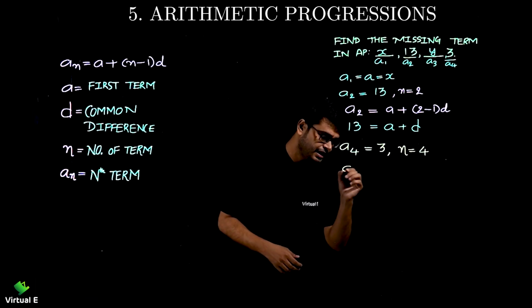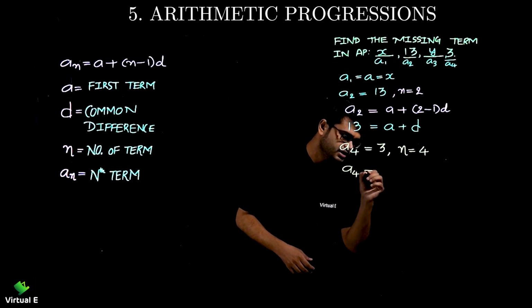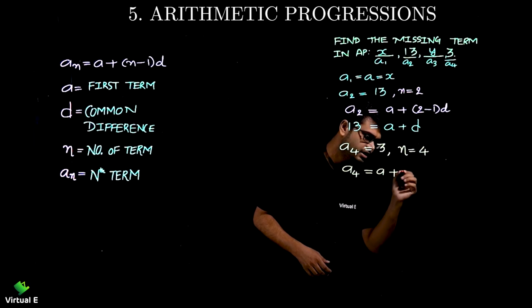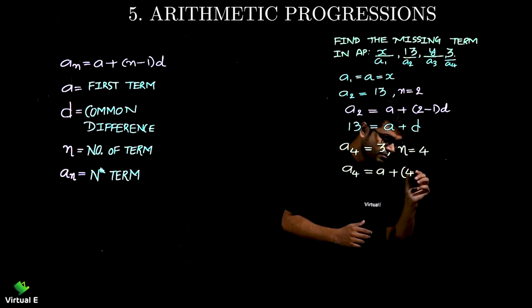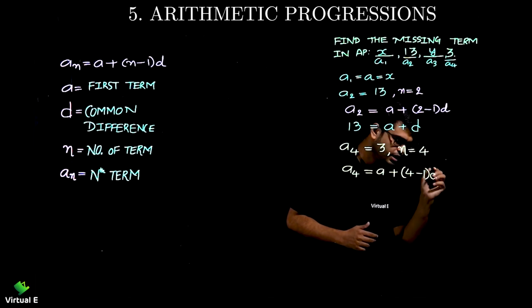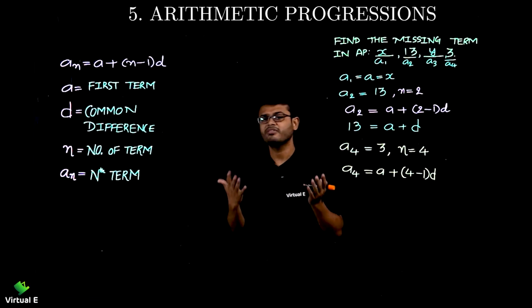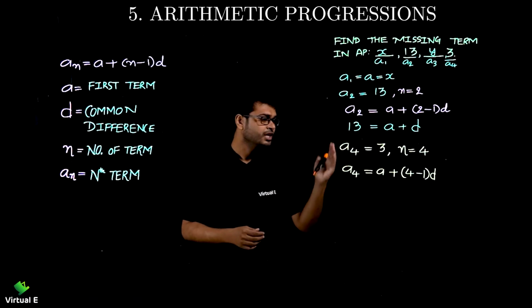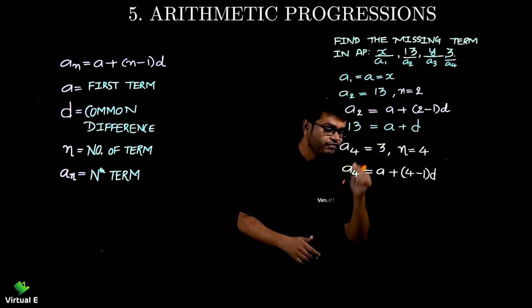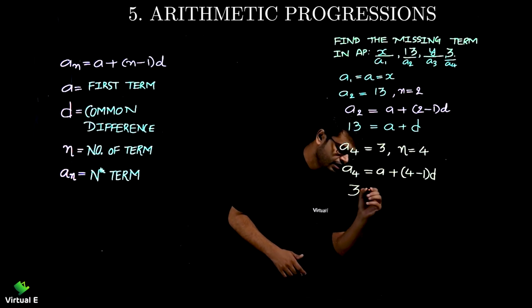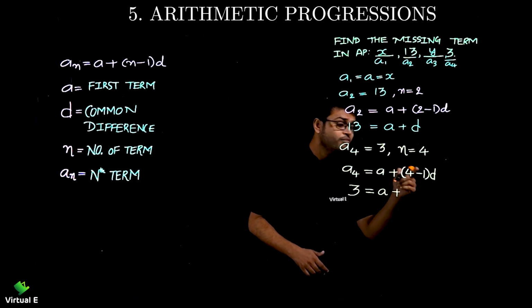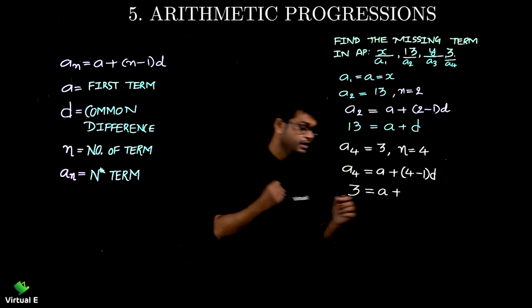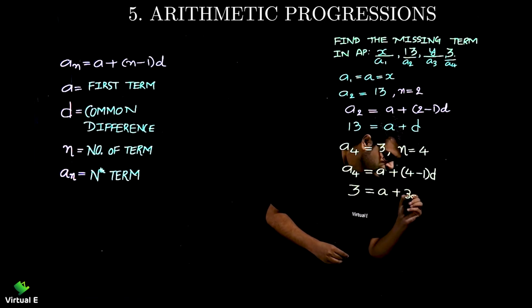I will write A4 is equal to A plus, instead of n, 4 minus 1 into D as it is, because I don't know the value of D, so I need to keep it as it is. Now, the value of A4 is 3, so 3 is equal to A plus (4 minus 1), 3, and D as it is.